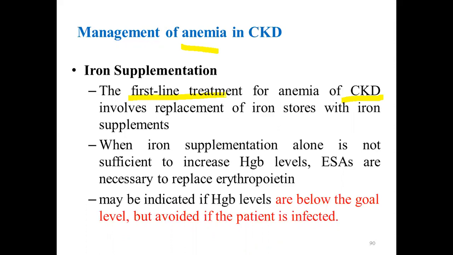Usually started with iron supplementation. So when iron supplementation alone is not sufficient to increase hemoglobin level, now you can continue with erythropoietin stimulating agents so that they can replace erythropoietin.